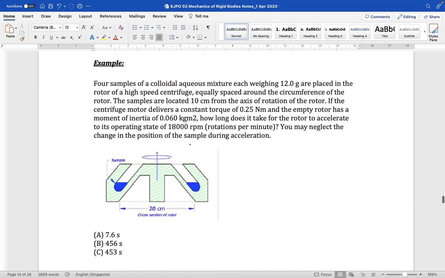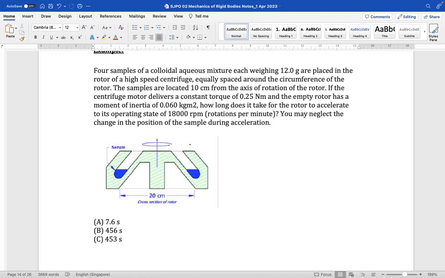Let us look at another example. Four samples of a mixture are placed in this centrifuge. Each of them weighs 12 grams and the distance is given. The motor itself gives a constant torque of 0.25 Newton meters, and we are also given the moment of inertia of the empty rotor.